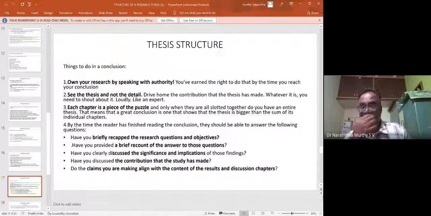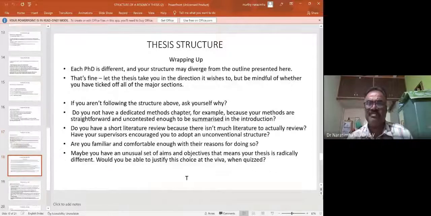How you have clearly discussed the significance and implications of your new findings, the contribution this study has made, and whether the claims you are making align with the content of the results and discussion chapters. When you structure these things properly, they will speak for themselves.